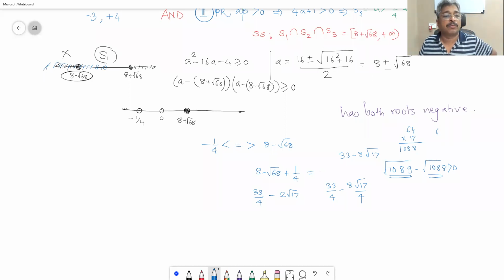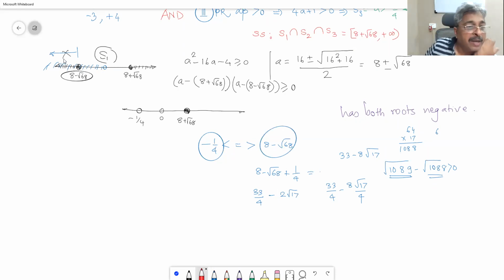So what is the intersection of S1 and S2? This part. Is it right? And where is our S3? Minus 1 by 4 to the right. So the question remains whether minus 1 by 4 is to the left of 8 minus root 68.